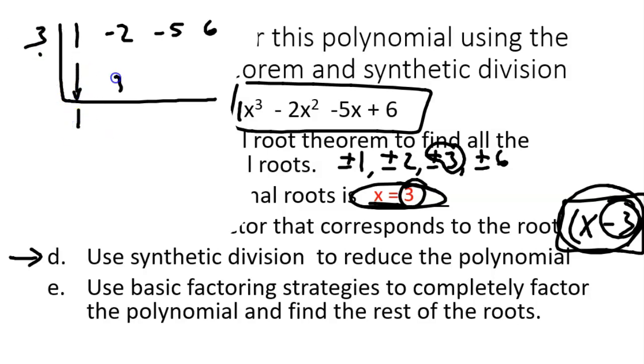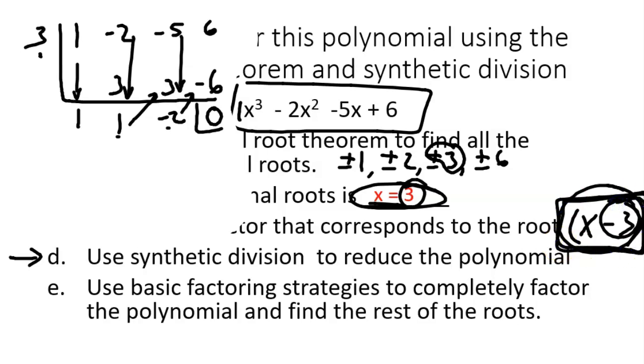We multiply and put the answer here. Add down, multiply, add down, multiply. And at this point, if you don't end up with a remainder of 0, something's wrong. Okay? Because if this is a factor, that means it should divide in here evenly and there should be no remainder. Okay?